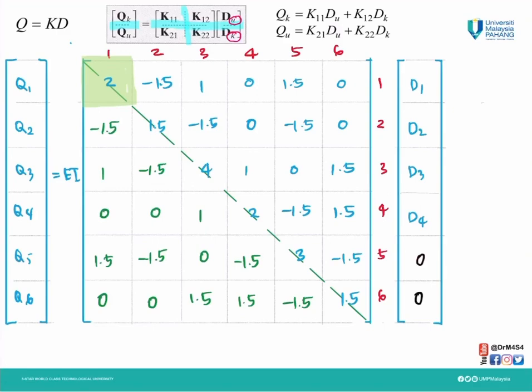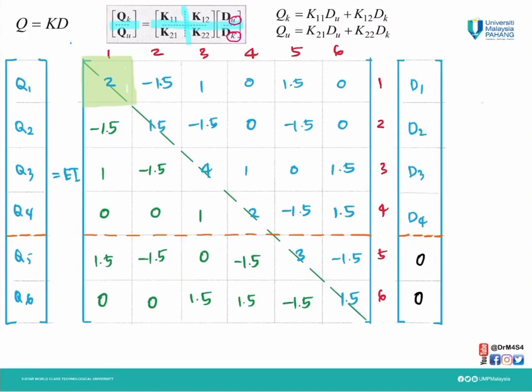Therefore, we can find the line between D unknown and D known. This is the line between D unknown and known. Automatically, Q5 and Q6 are Q unknown. Q1, Q2, Q3, Q4 are Q known.